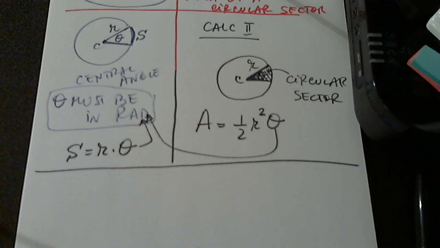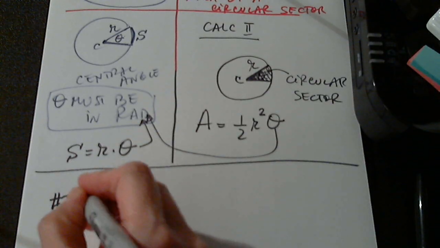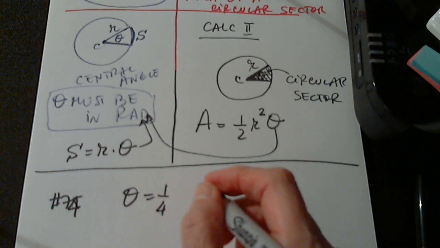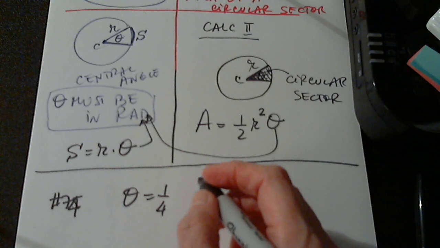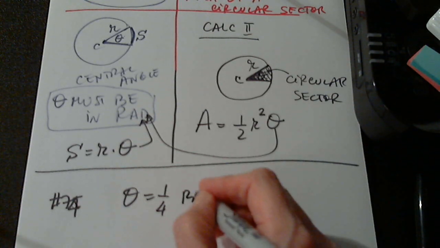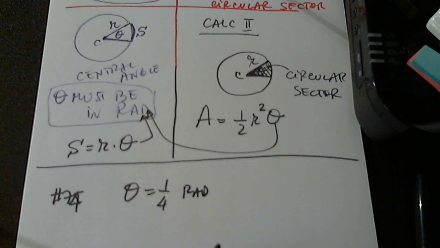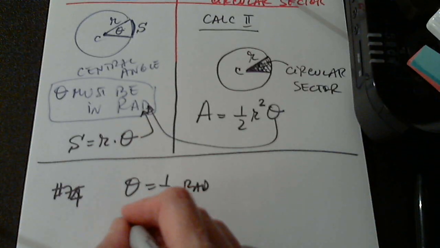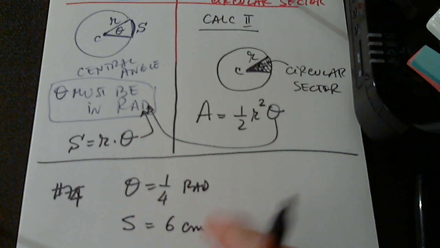Which one, please? 74. Okay, so let's start with 74. Perfect. So theta equals 1/4. There is no need to write radians. They wanted to specify. But once we say theta equals 1/4, we know it cannot be degrees because the little bubble for degrees is not there. s equals 6 centimeters.